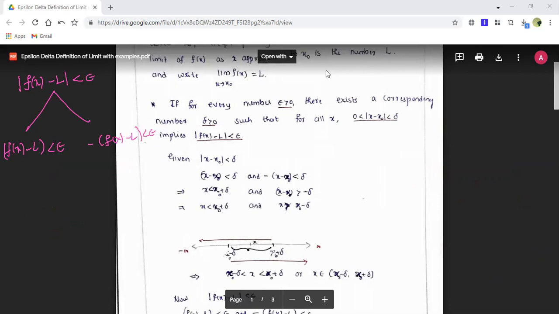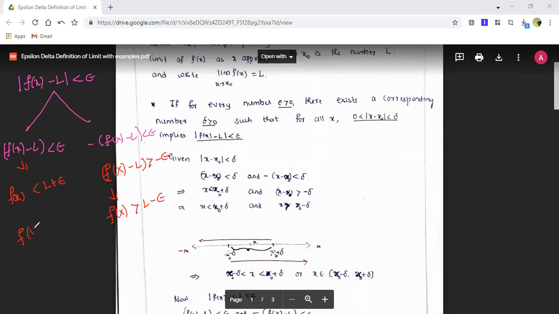As earlier, this implies f of x will be less than L plus epsilon. If I take the minus sign, the inequality is reversed: f of x minus L will be greater than minus epsilon, so f of x will be greater than L minus epsilon.